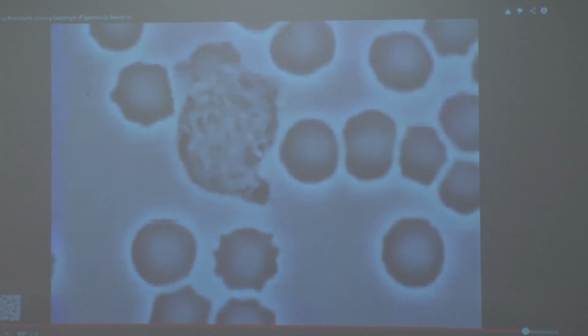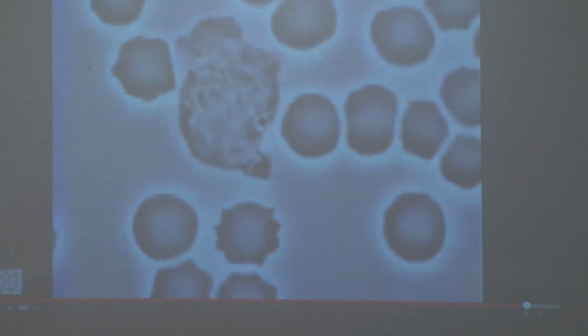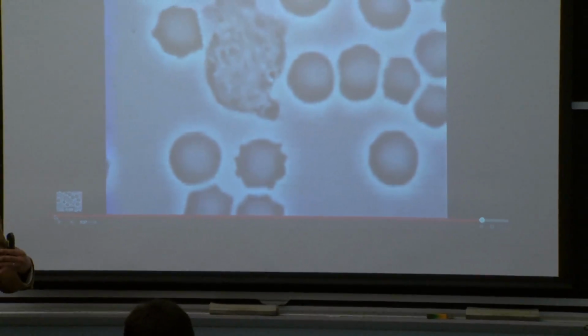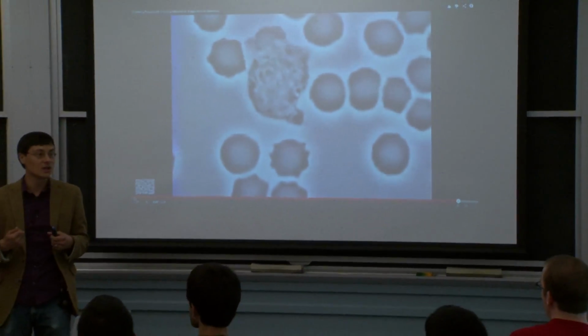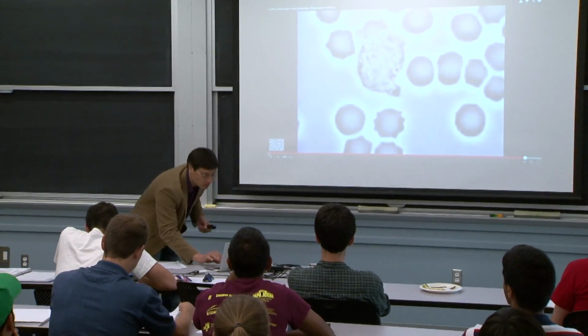It's able to disregard these red blood cells that are in its way, push them aside, change direction before it eventually captures this bacterial cell. All of these are striking, amazing information processing capabilities, where that information has to be coupled not only to some sort of decision making within that cell, but also has to be transduced into these mechanical forces and motions that allow that cell to capture the bacterial cell.